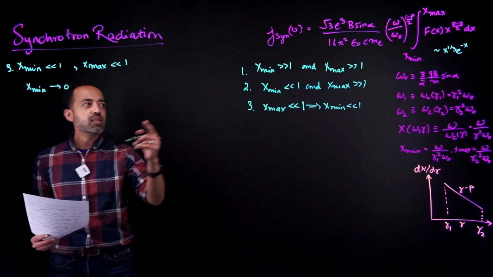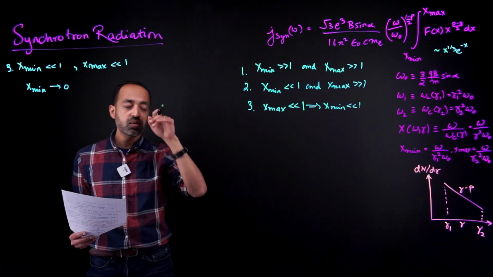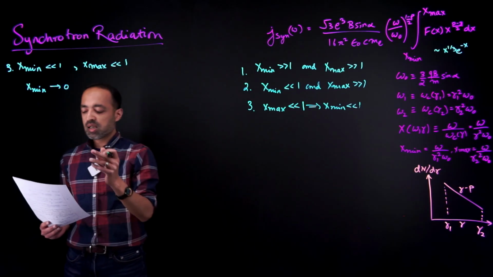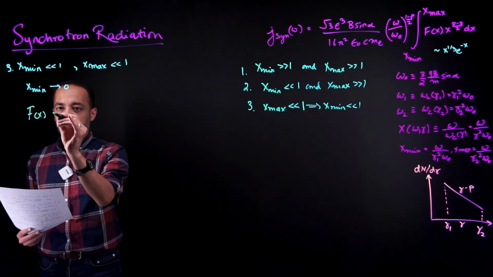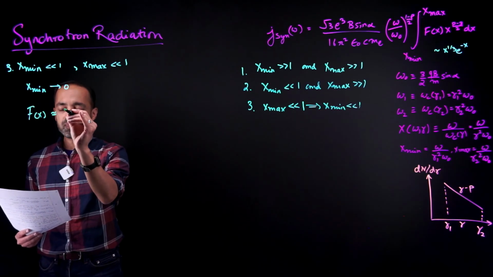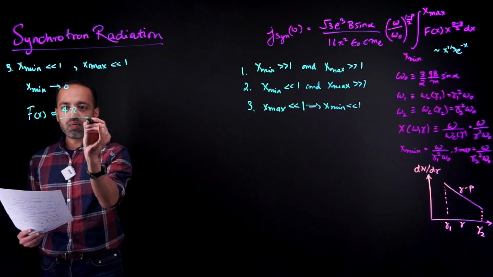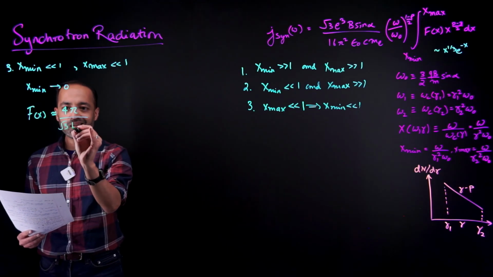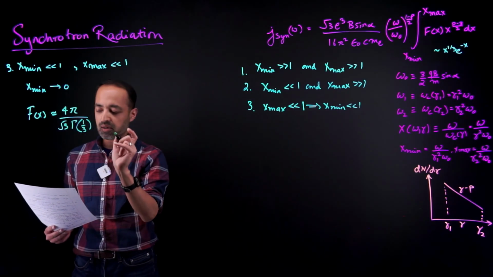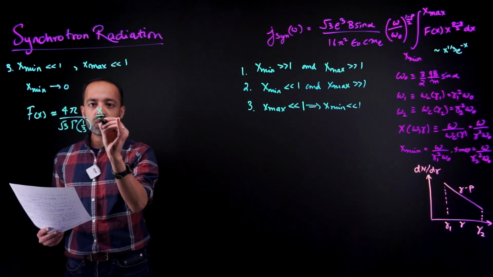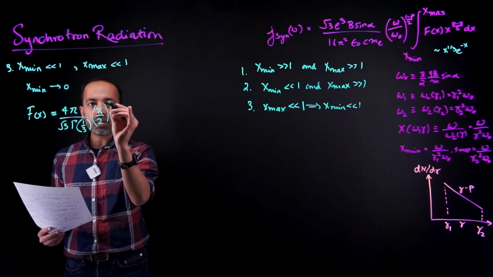And so I've previously given you an expression for what that looks like, and that's x to the 1/3. Let me give you the full expression. That f of x in that regime is approximately given by 4 pi over root 3 gamma of 1/3. Again, this is the gamma function, not a Lorentz factor. Times x over 2 to the 1/3 power.